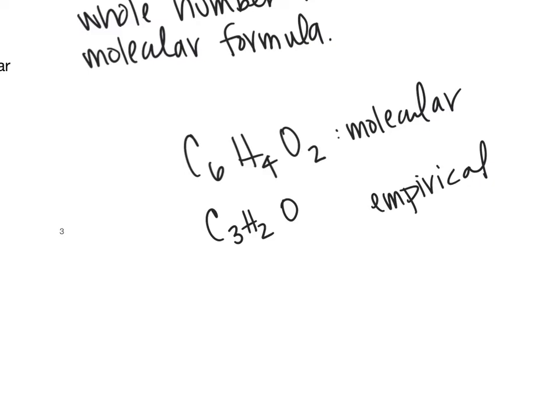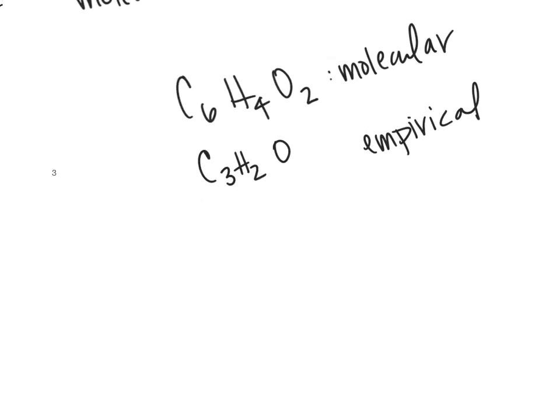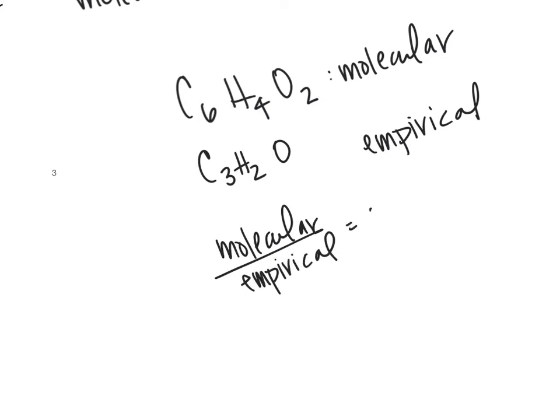Now, we can think about this, that we could create a ratio. So the molecular formula divided by the empirical is equal to a whole number. So in this case, if we were to have the mass for both of these compounds, when we divided them by each other, we would have found that it was equal to 2. And so we can convert between the two.